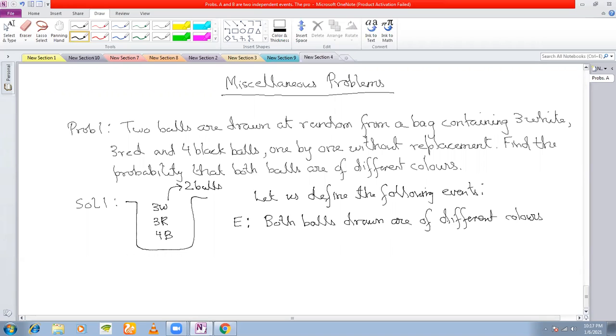Okay. Now, see, these 2 balls that I am drawing must be of different colors. And how many colors are there? There are 3 colors, right? So how can the balls be of different colors? If one ball is white and the other ball is non-white, right?